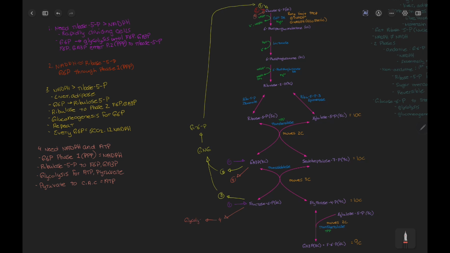The pyruvate can go through the citric acid cycle to produce more ATP. So when the cell requires both NADPH and ATP, we have a mix of the pentose phosphate pathway and glycolysis.